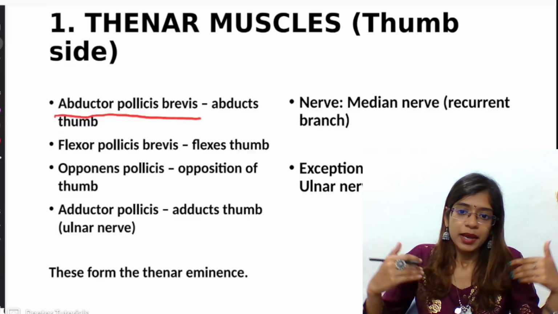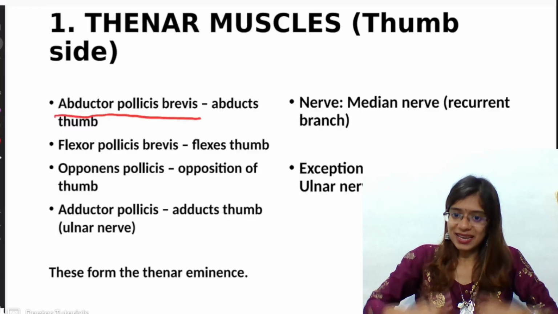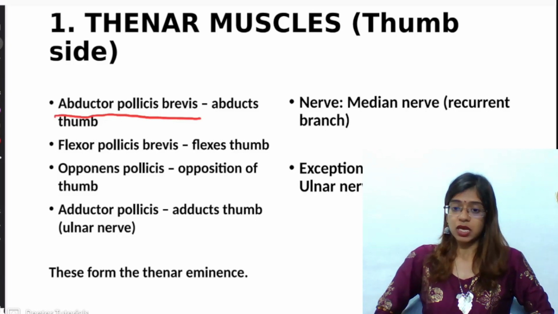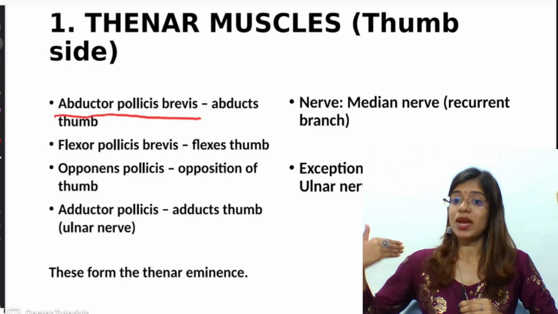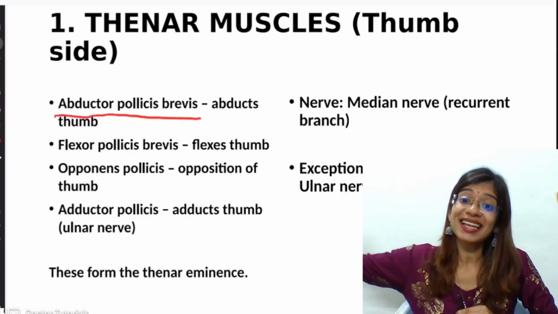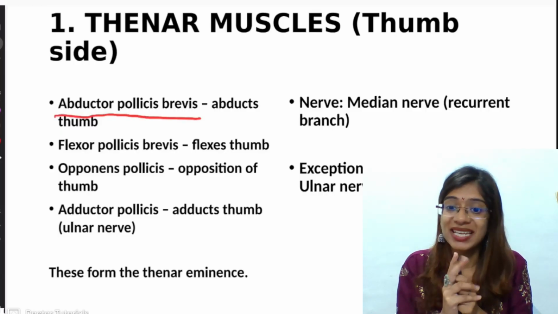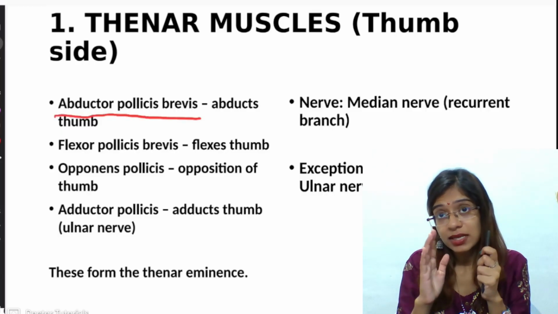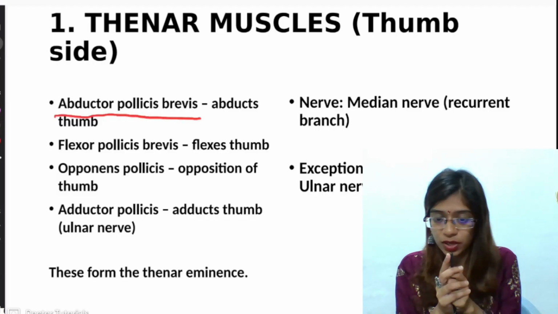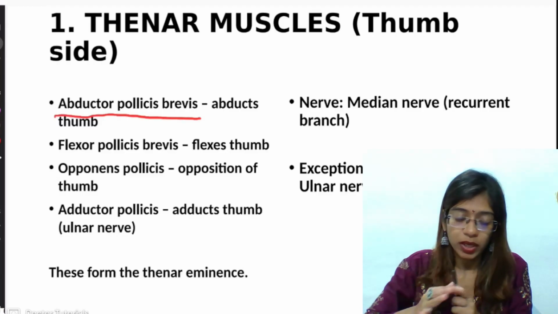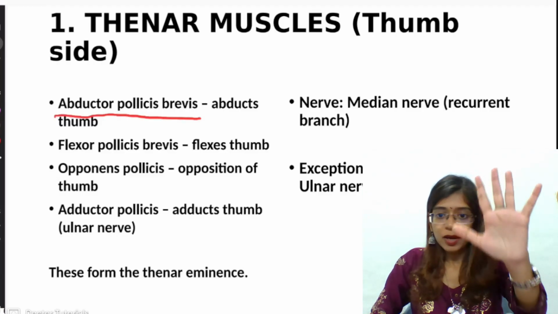Any part which is away from the axis of the body, like when I am standing straight, is called the lateral side. Structures near the body are medial structures, and structures far away are lateral structures.